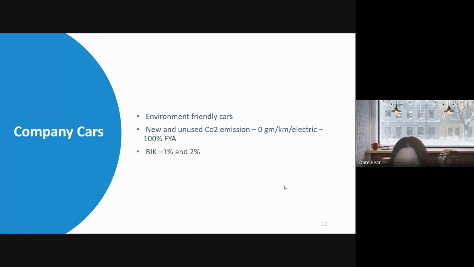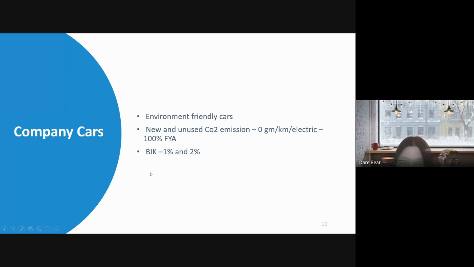And for electric cars, the benefit in kind charge means that if you are a doctor who would like to use the company car, it will have different rates in different years. Let's say, for example, you buy an electric car that costs £100,000, and the taxable value for the benefit in kind, meaning the equivalent income for the doctor for using the company car, is 1% for this tax year.